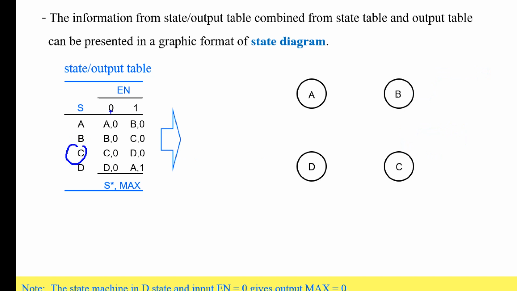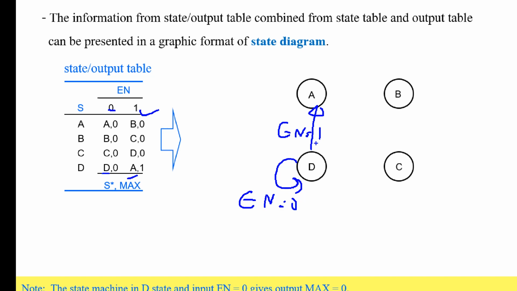At state C, when input is 0, go to C. When input is 1, go to D. And state D, when input is 0, go to D. When input is 1, go to A. En equal to 0, en equal to 1, something like this.